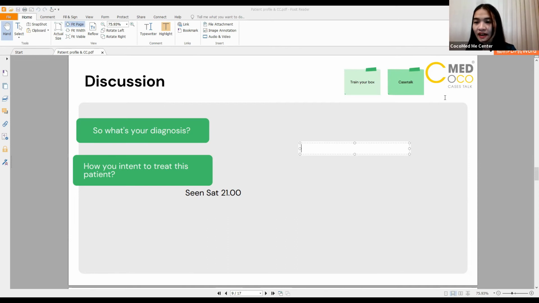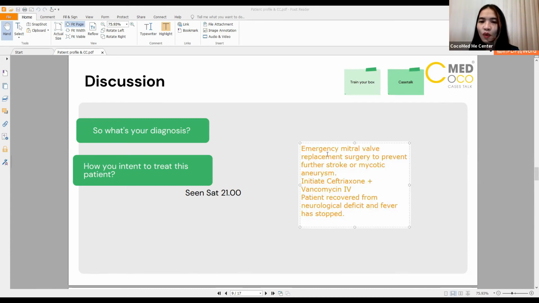That's very important, because if it cannot get through, they cannot treat. For this case, they went with emergency mitral valve replacement surgery to prevent further stroke and myocardial aneurysm, which is the most common complication in this case.